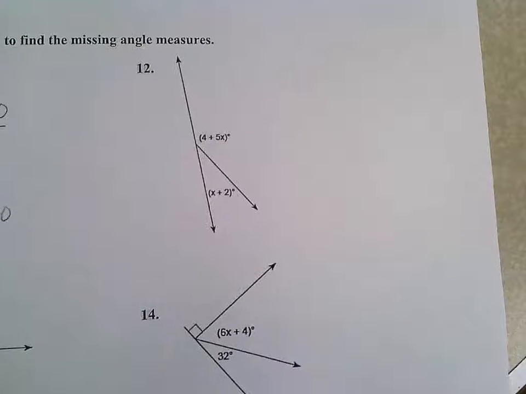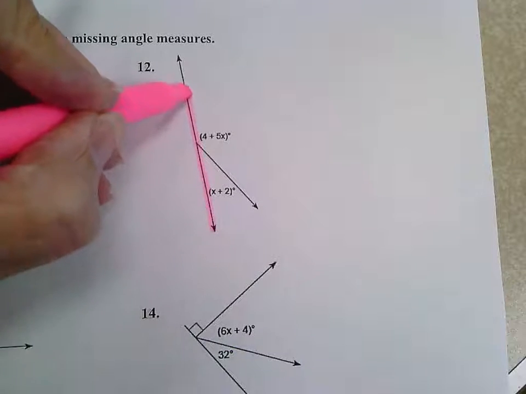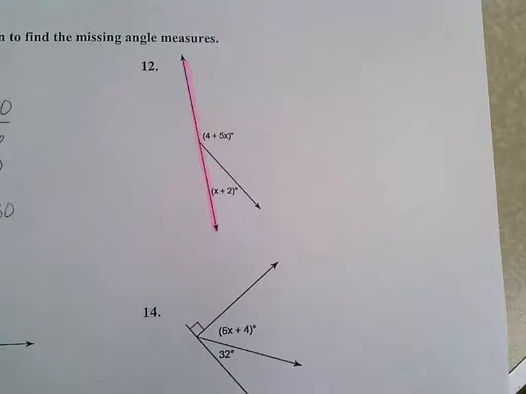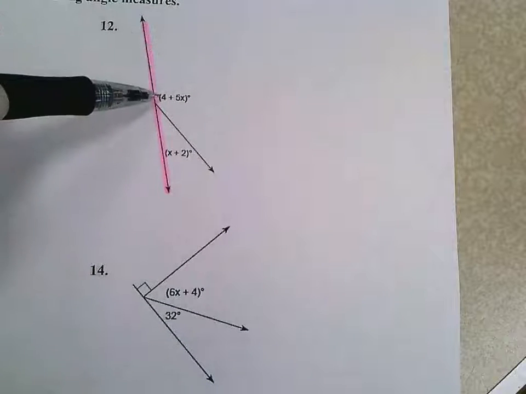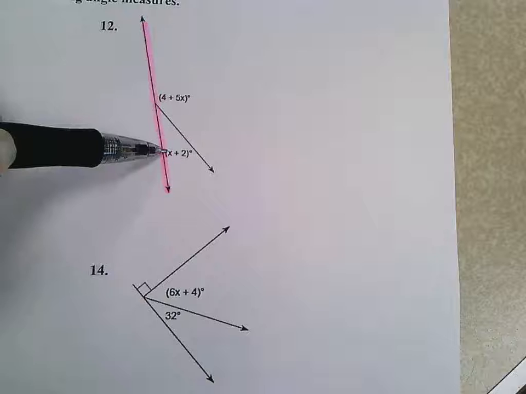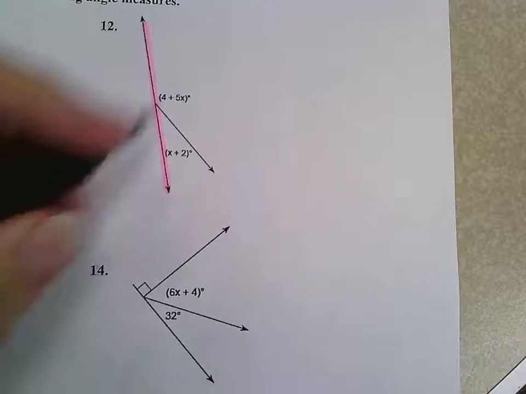Number 12. We don't have intersecting lines, but we do have a straight line. And the straight line contains two angles, and the two angles would then be supplementary, which means that when we add this angle measure to this angle measure, they should sum to 180.